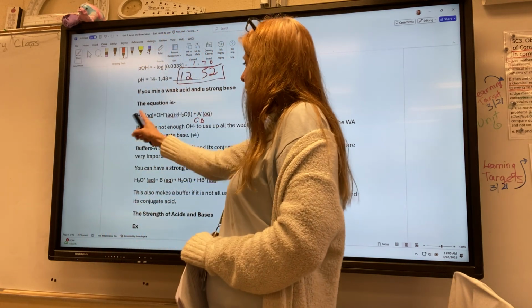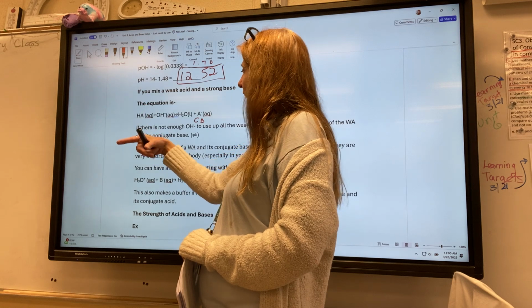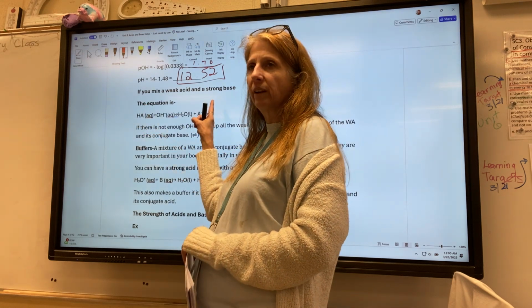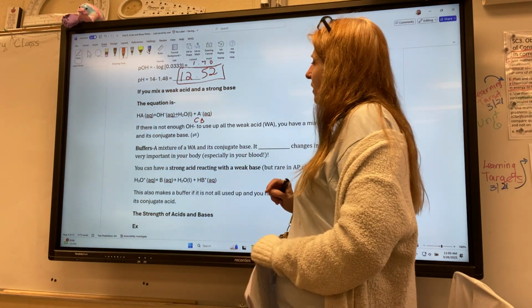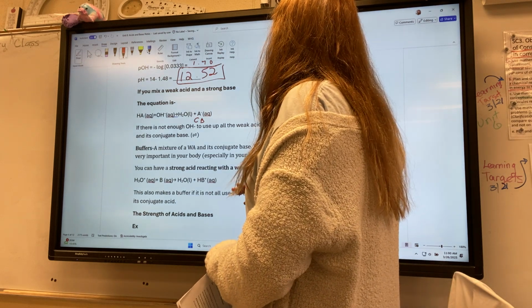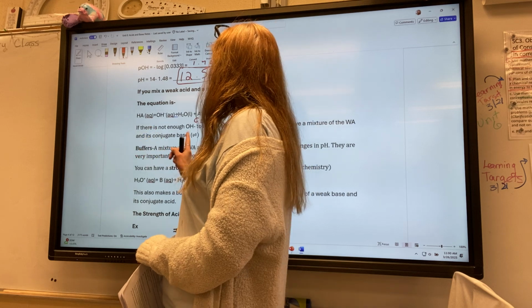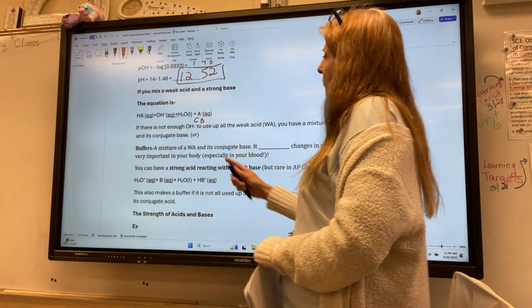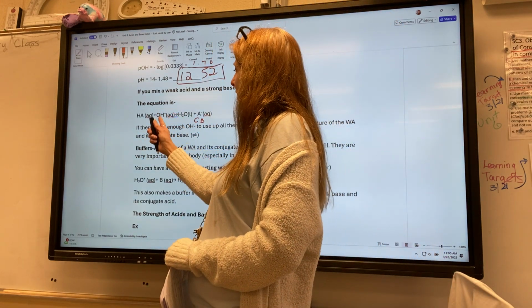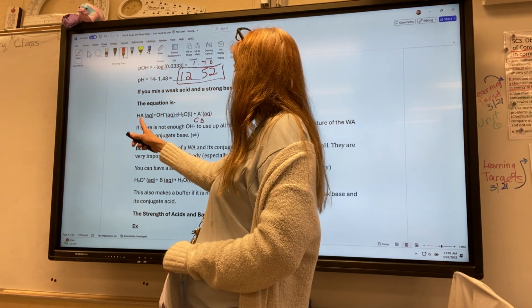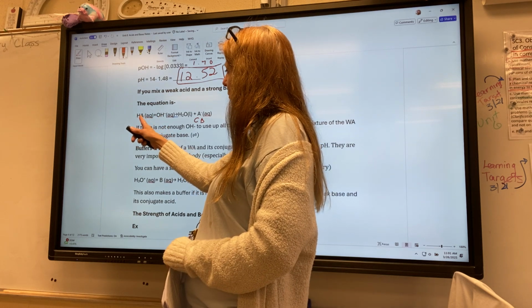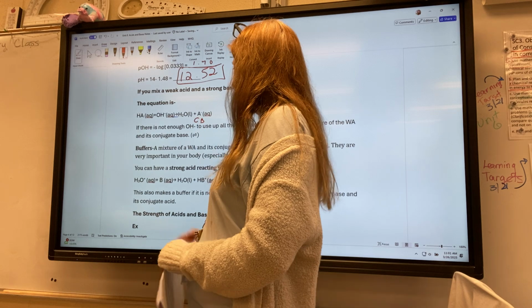Remember the conjugate base of an acid is you just take the H off and put a charge on it. If there's not enough OH to use up all the weak acid, you'll have a mixture of the weak acid and its conjugate base. So if you didn't have enough of this, some of that's left over, and you end up in your beaker with the weak acid and its conjugate base.